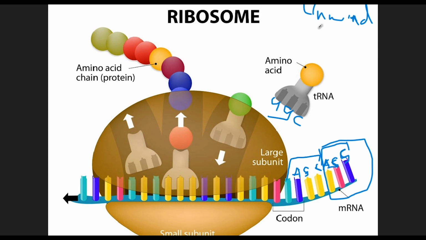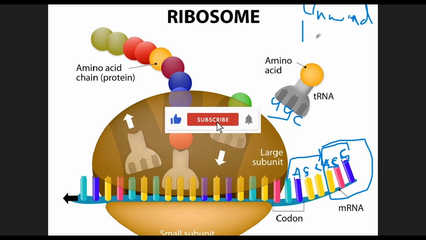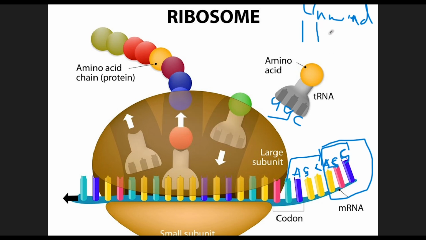Once those nitrogenous bases are exposed, when it has uncoiled and unzipped, we remain with 2 strands. Only one of the strands is going to be used to form the messenger RNA, using the nucleotides that are found inside the nucleoplasm.